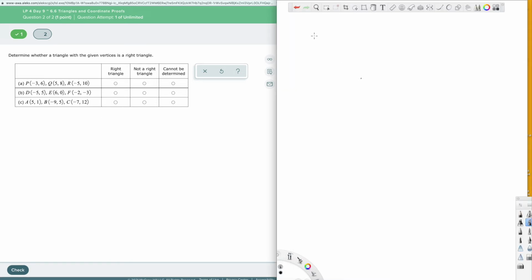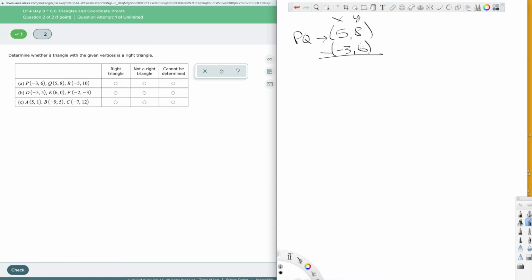So for this one I have PQ, and I want to know what the slope is, so I'm going to do rise over run. And I'll show you the way I do this in class. I go like this, 5 over 8, and then negative 3 over 6, like this. I've actually just stacked them. So I have my x's and my y's, and I go and I subtract straight down.